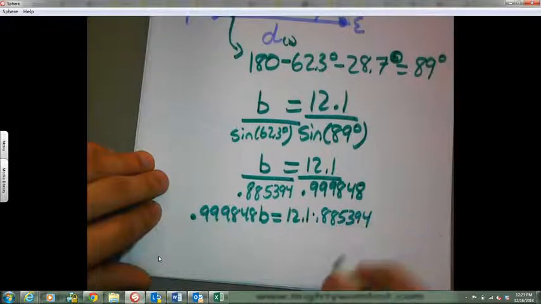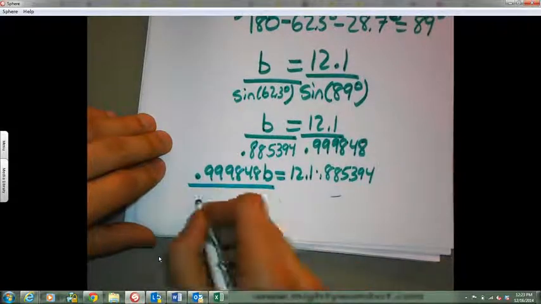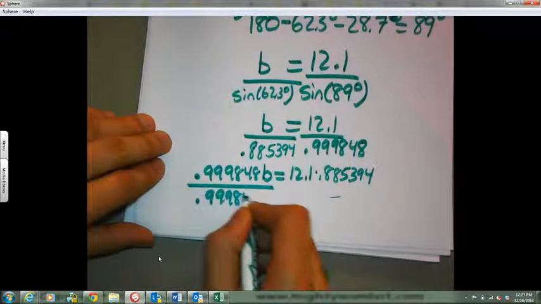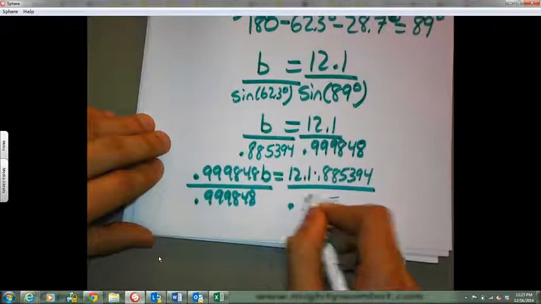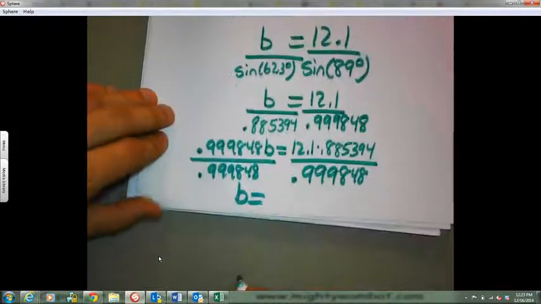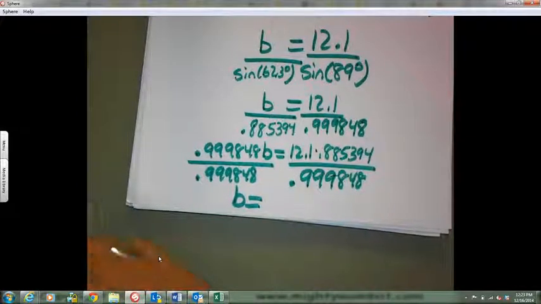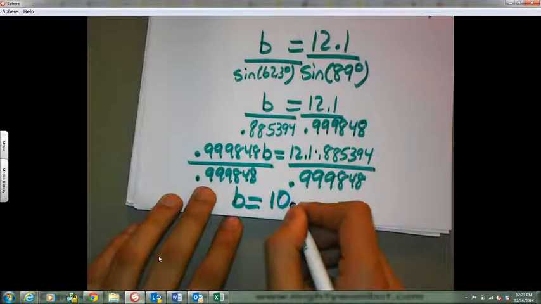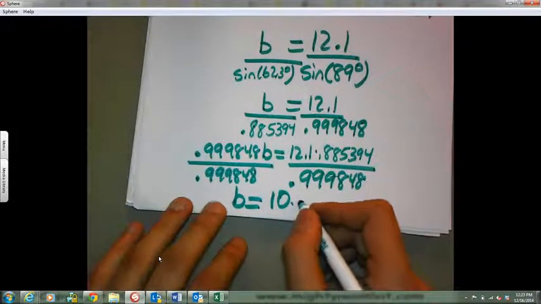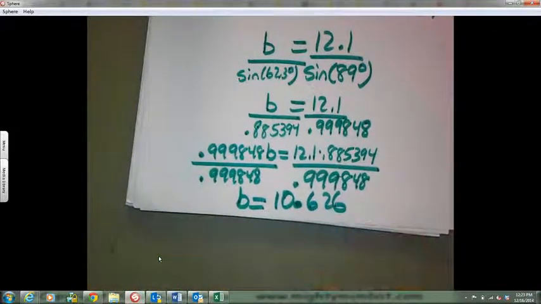This is just the number, and then you want to divide by 0.999848, and you find B equals 10.626, is that right? Yes.